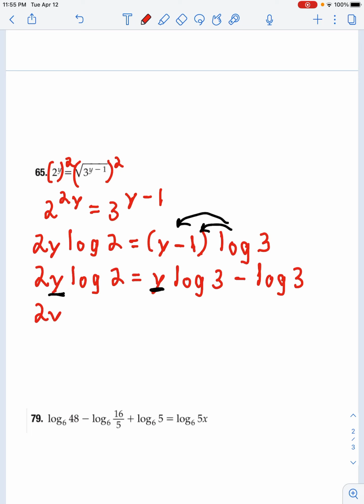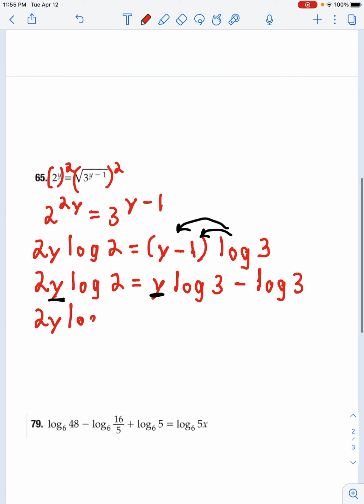So I'm going to subtract y log 3 from both sides, which leaves me with the opposite of log 3 on the right side. You could do this many different ways, but I think that is how I would approach it if I were doing it.